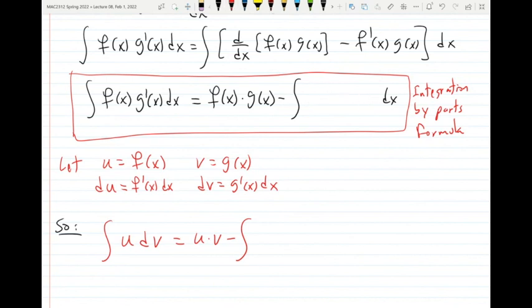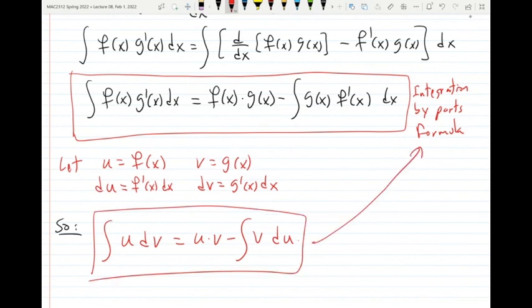Let me put this as g times f prime. So then f prime of x dx, that's just du, and then this is v. So minus the integral of v du. Again, this is also known as the integration by parts formula, and usually this is the one that we work with, with the u and v.